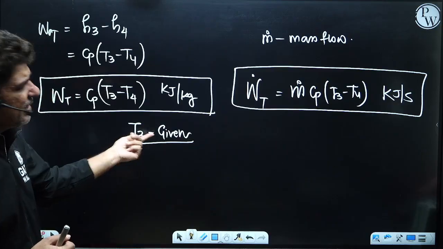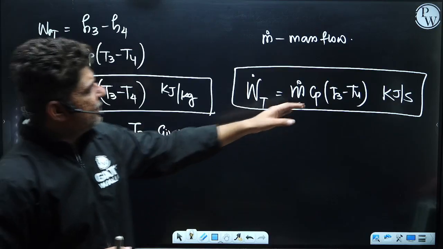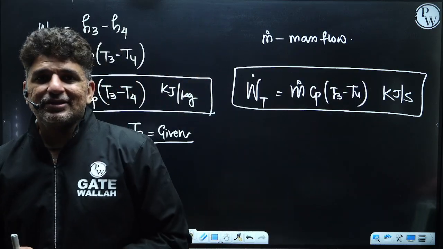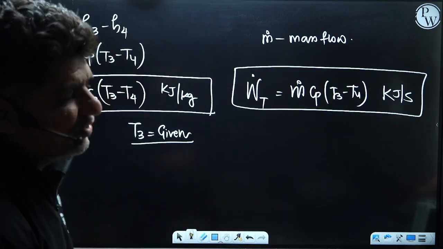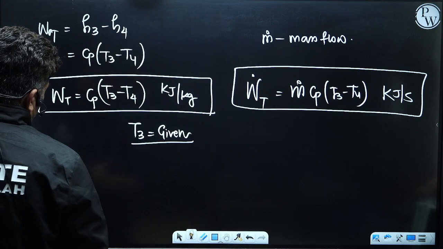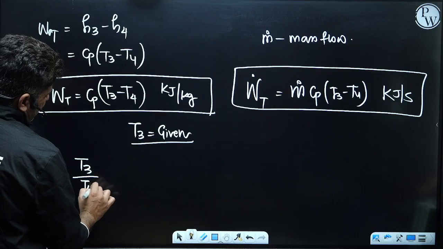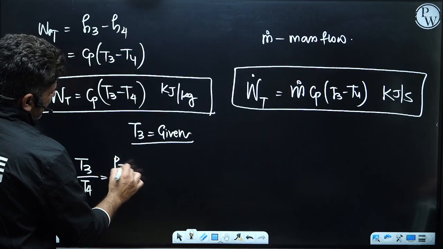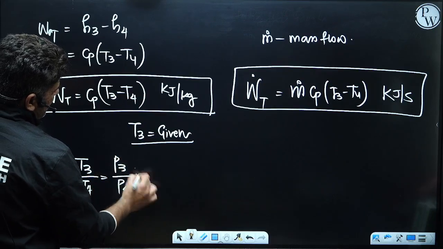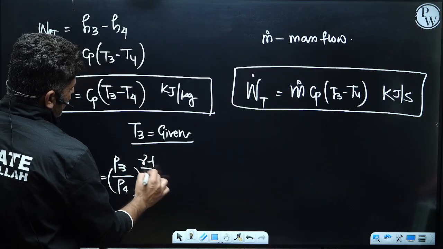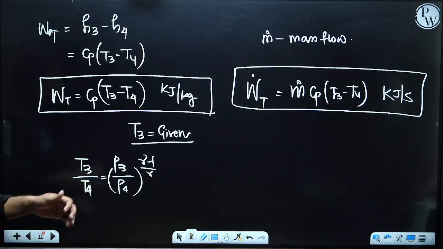So once T3 is given, how do we calculate T4? Because that will give us the work developed in turbine. Again, T3 by T4 can simply be written as (P3 by P4) to the power (gamma minus 1) over gamma, because the process followed is isentropic compression and isentropic expansion.